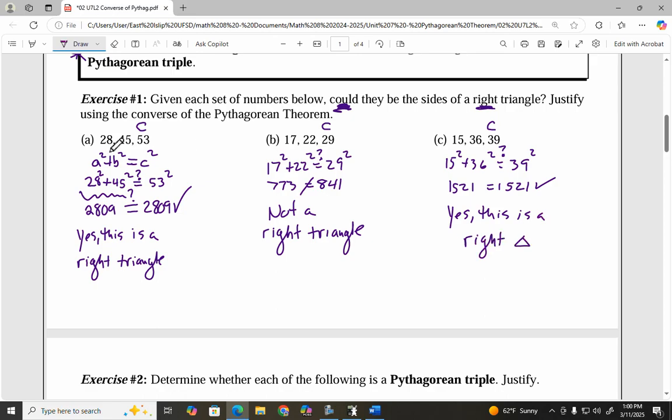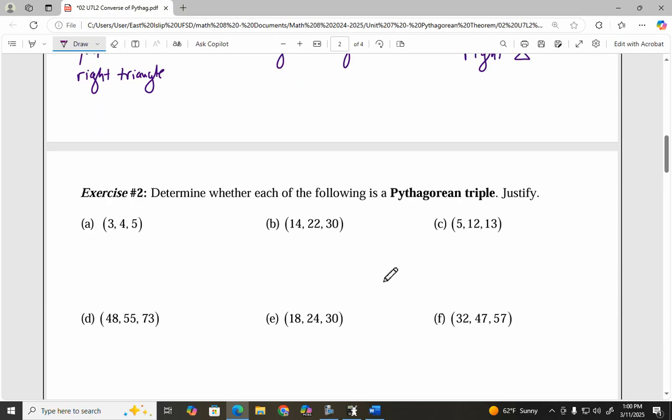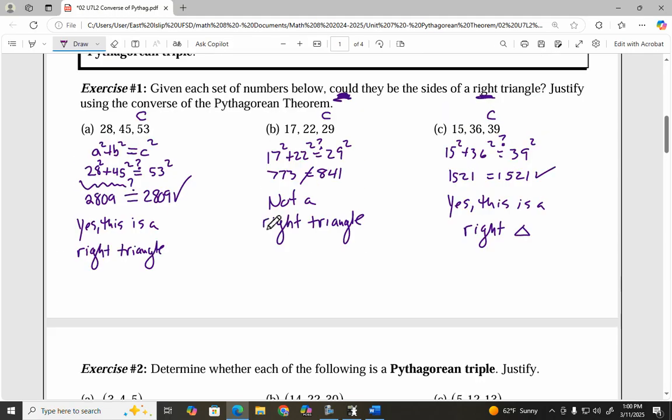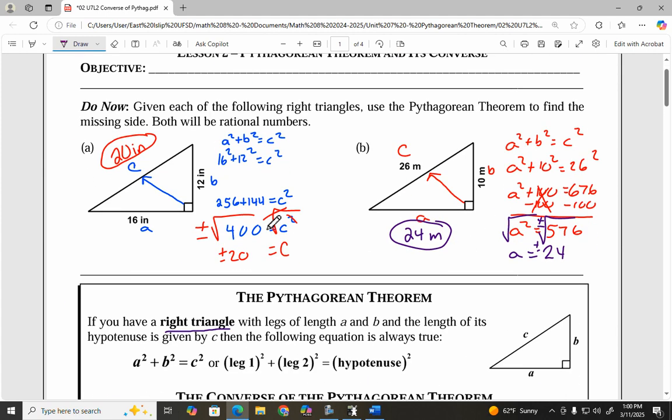So you can see that some sets of numbers do create a right triangle, other sets of numbers do not. Not all triangles are right, so it makes sense that not all 3 numbers always work. So there's a special thing about when you do the Pythagorean theorem, if the sides of the triangle turn out to be whole numbers, we call it a Pythagorean triple.